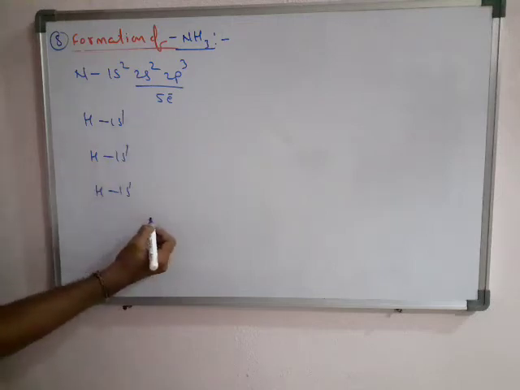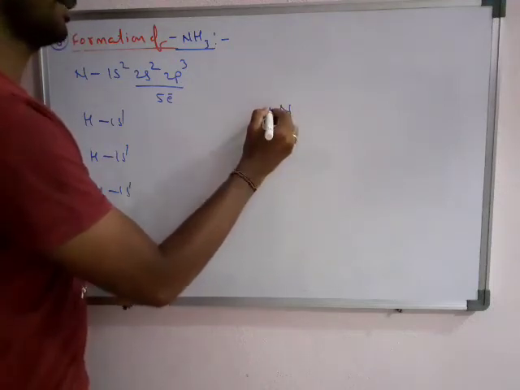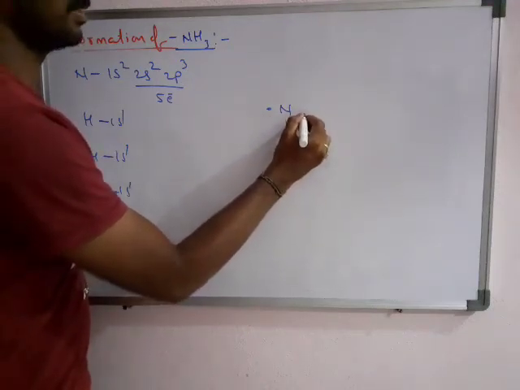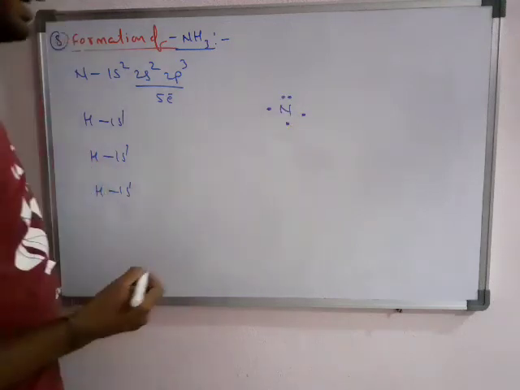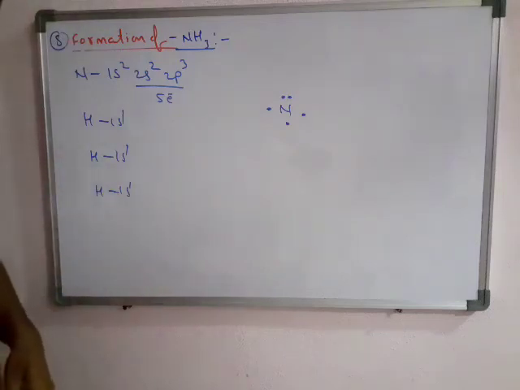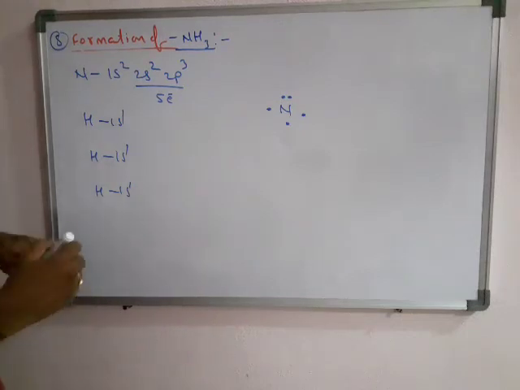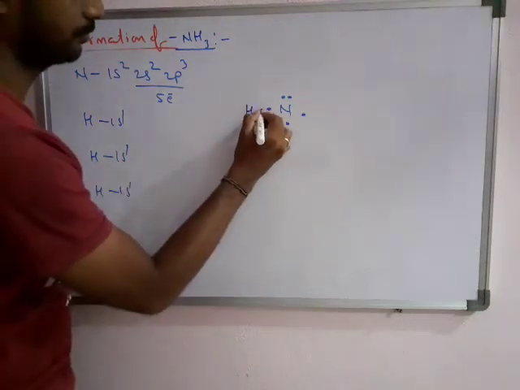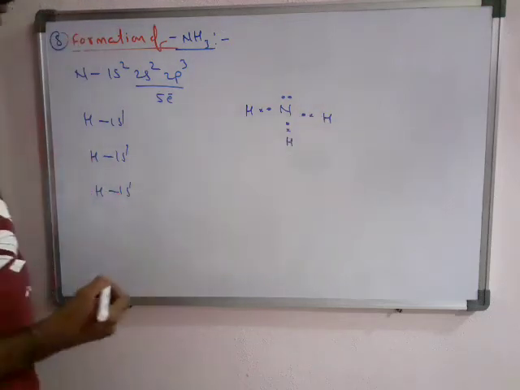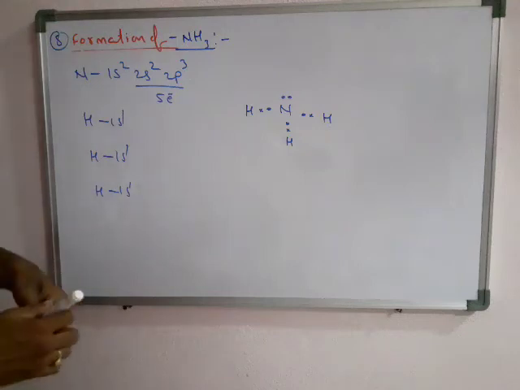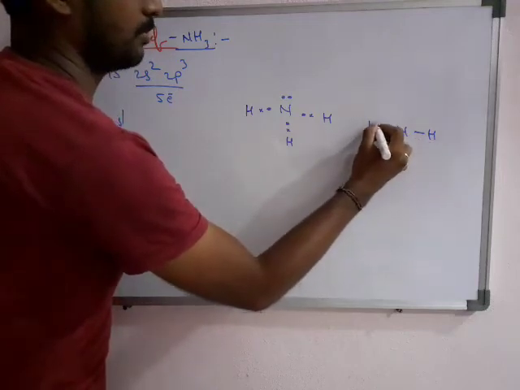Each needs 1 electron, so total 3 electrons. Nitrogen has 5 valency electrons, and it shares 3 of its valency electrons with 3 different hydrogen atoms. Now the bond will be like this. So 3 bonds.